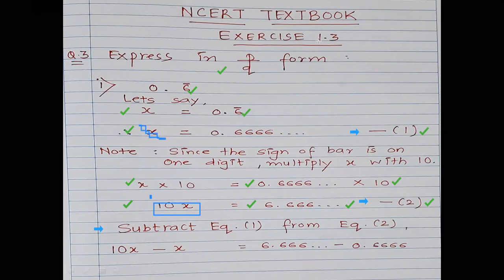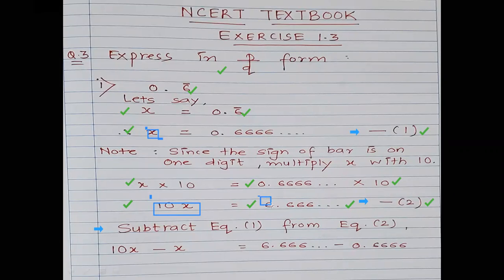I'll just undo this so that we get the correct box. So 10x gets subtracted with x, and over here what would happen? The same thing on the RHS also.